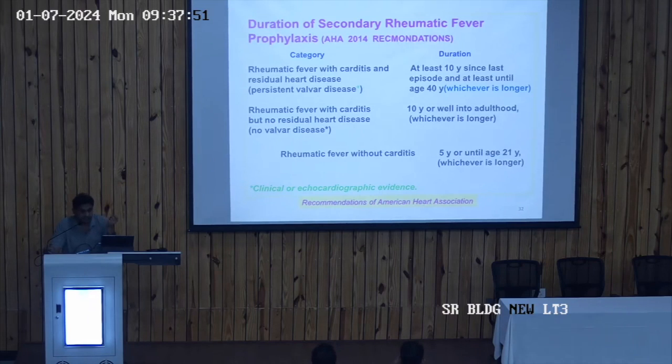Rheumatic fever with carditis but no residual disease: 10 years or well into adulthood. Without carditis: 5 years, or until 21 years. So 5 to 10 years is the duration for which we use benzathine penicillin for secondary prevention: 10 years if heart disease is there, 5 years without heart disease.